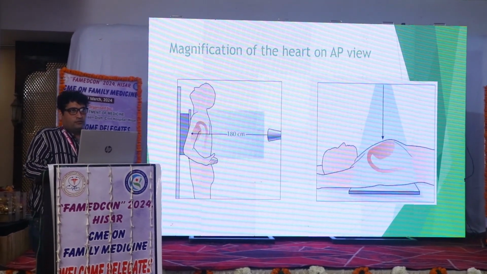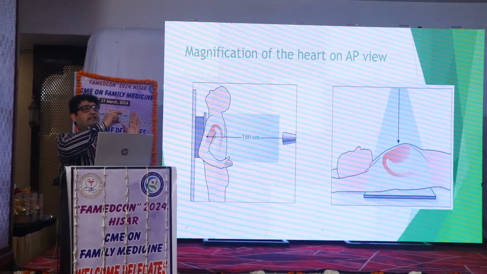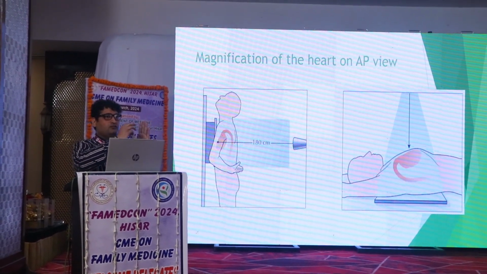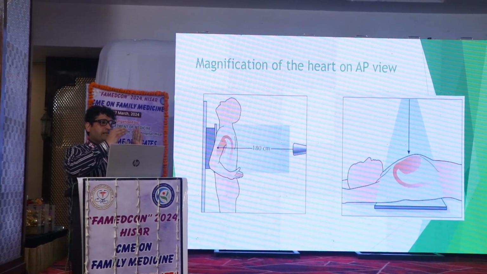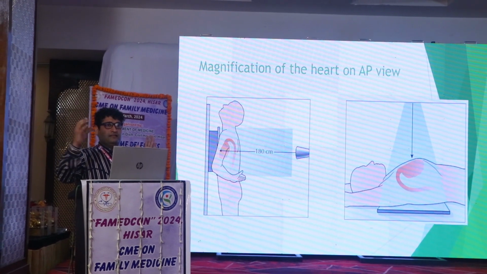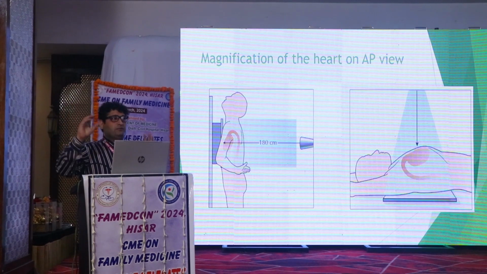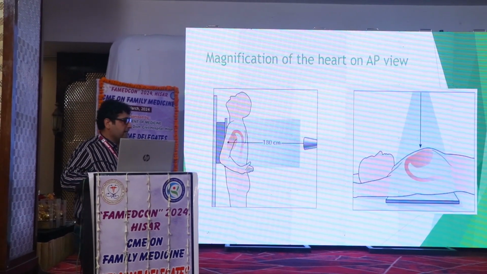See, there is one basic concept that if we keep a light source here and an object here, whenever the light source and the object are very close, the image formed will be larger. As soon as we move the object away, the image will be smaller. A similar concept is applied here.